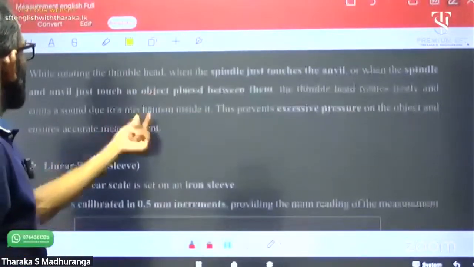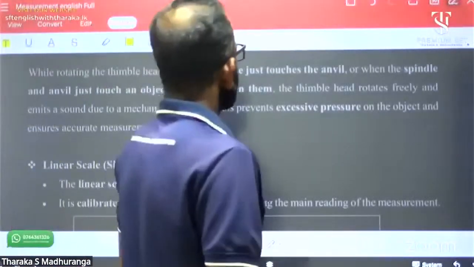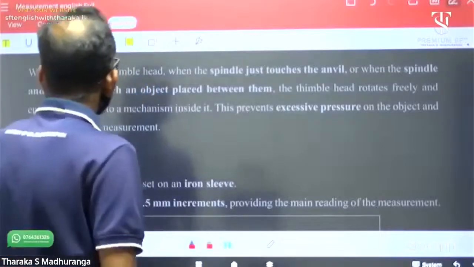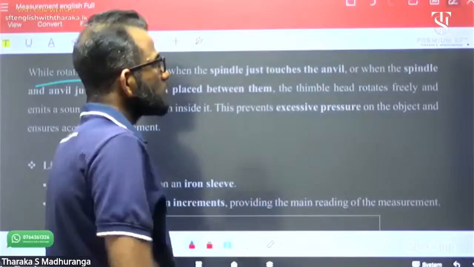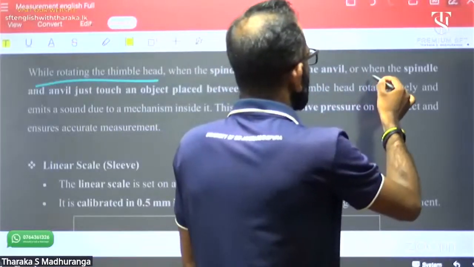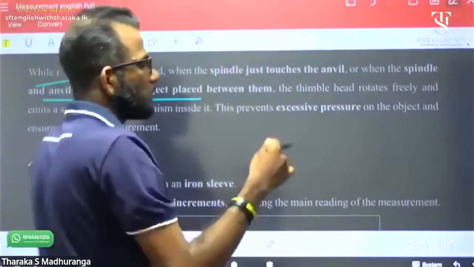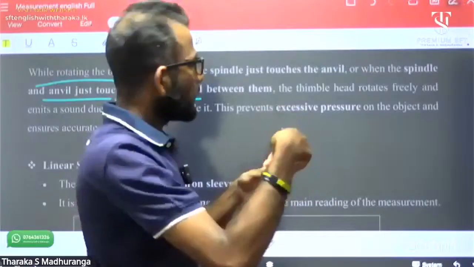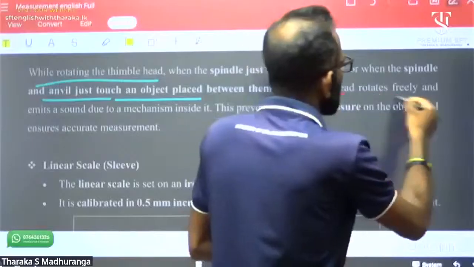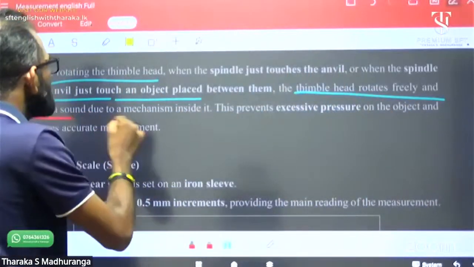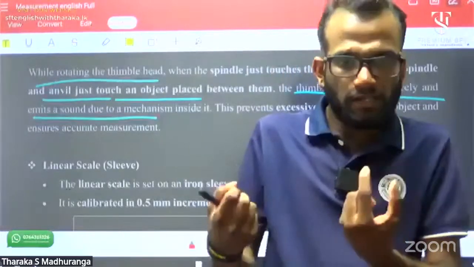While rotating the thimble head, this is the most important part: when the spindle just touches the anvil, or when the spindle and anvil just touch an object placed between them, the thimble head rotates freely and emits a sound due to a mechanism inside.